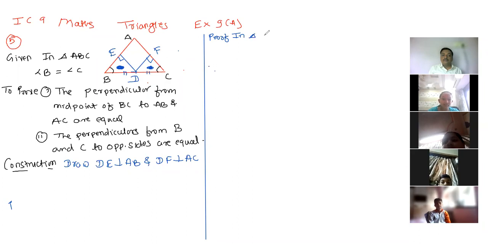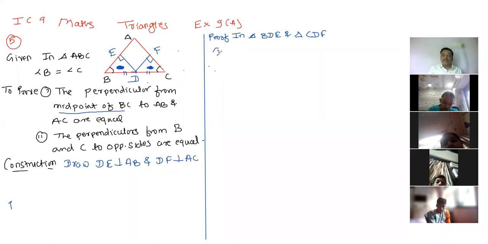So prove, in triangle BDE and triangle CDF, it is already given that D is the midpoint of BC. That was in the statement, meaning it is given. So first, minimum 3 conditions we want. First comes side BD congruent to side CD.